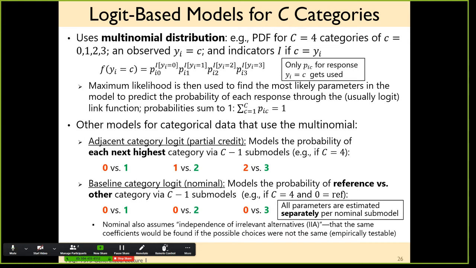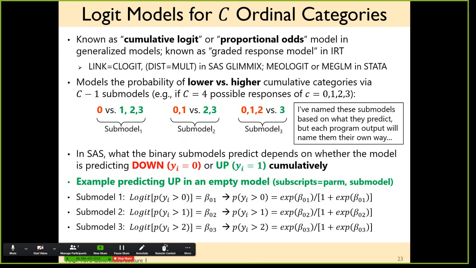God, I'm doing bad today. Conditions, that's the word I want. Conditions on the two answers. So like submodel 1 here, 0 versus 1, it's like, given that your answer was either 0 or 1, what's the probability that it was 1? And then given that it was either 0 or 2. So it discards the other people from that submodel. Whereas cumulative logit uses everybody in each.